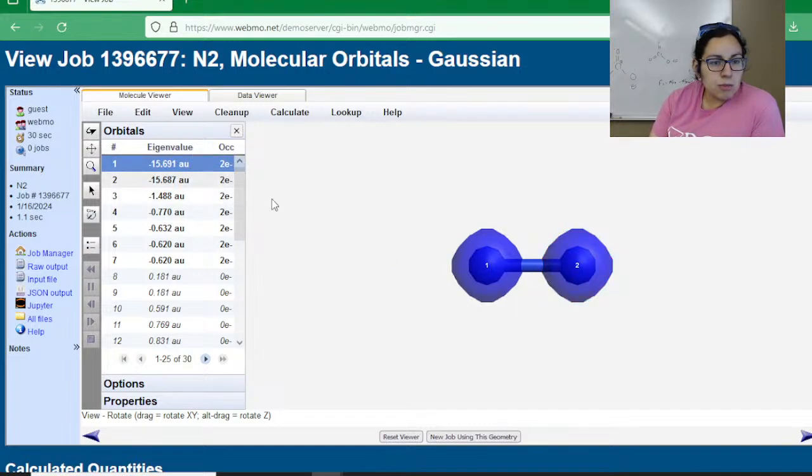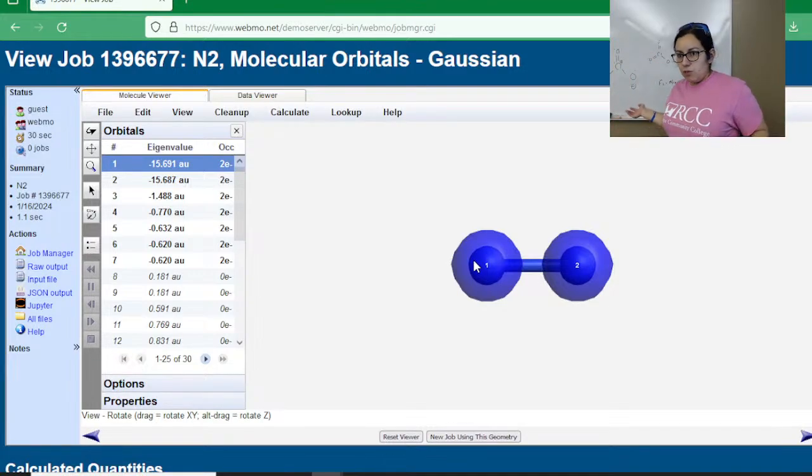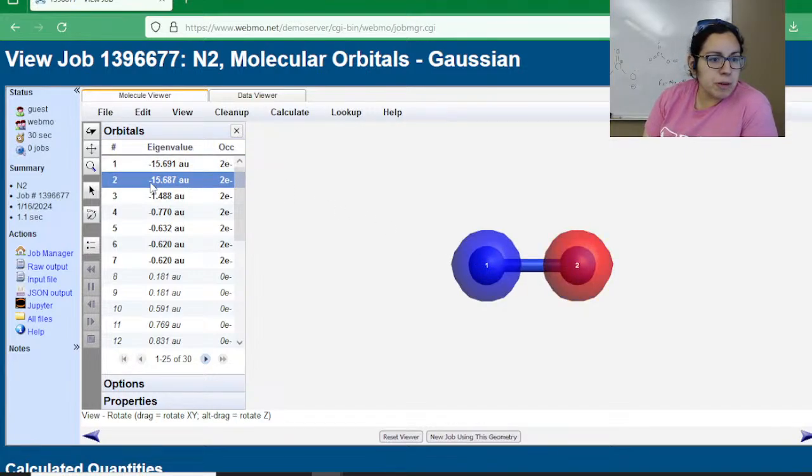Even though they're in phase as the 1s, Gaussian draws them centered on the atom, so they're not really interacting. So we don't look at them when we make our MO diagram. They're so far down that this is all centered on the atom.